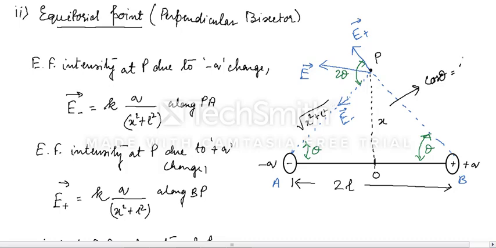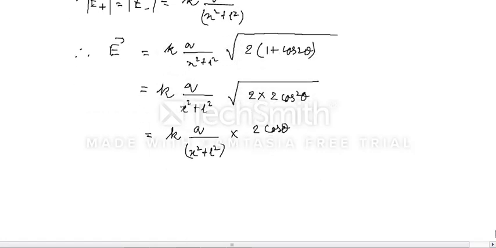So L is the base of the triangle and hypotenuse is root under L square plus x square, or x square plus L square, anything we can write. So we can write it like this: kq by x square plus L square multiplied with 2L by root under x square plus L square.